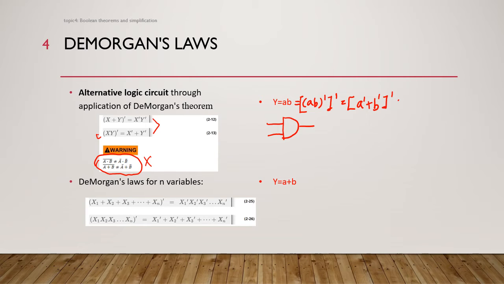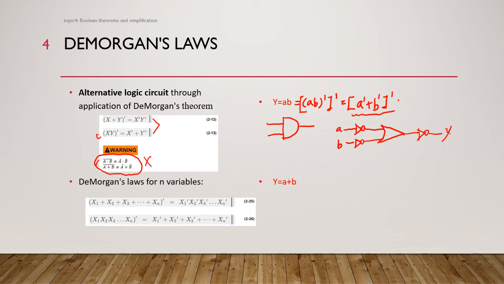So what did you find? If we realize this function using logic gates, we need an OR gate, and the OR gate will take the input A, but we need it inverted, and also B, we also need inverted. Then we need to add the third NOT gate here.